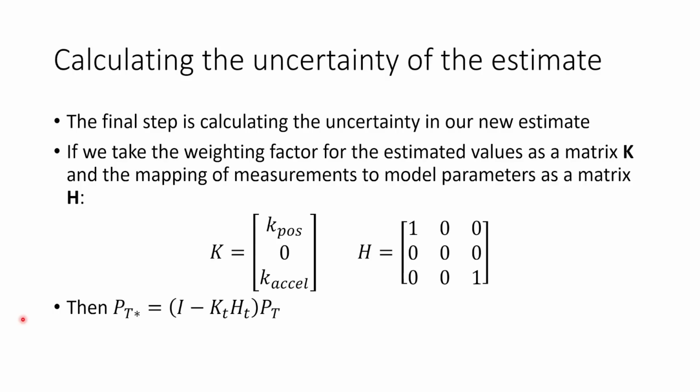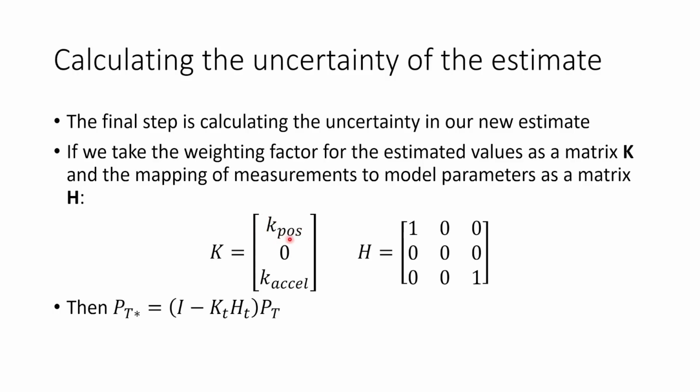We still have one final step, which is to calculate the uncertainty in our new estimate. The way we do this is we take the weighting factors for the estimated values and create this matrix K. K is composed of these little k values, where let's look at position as an example.